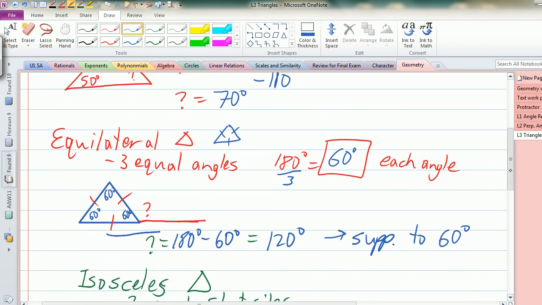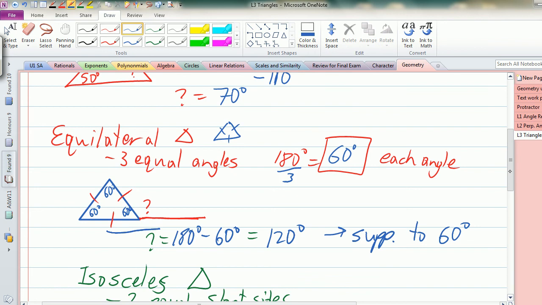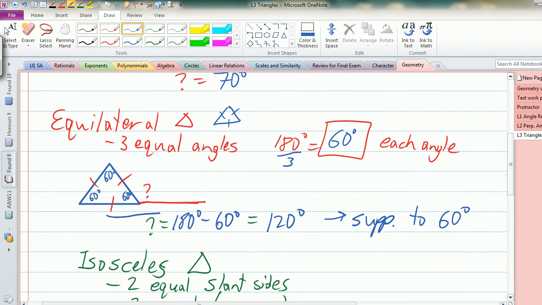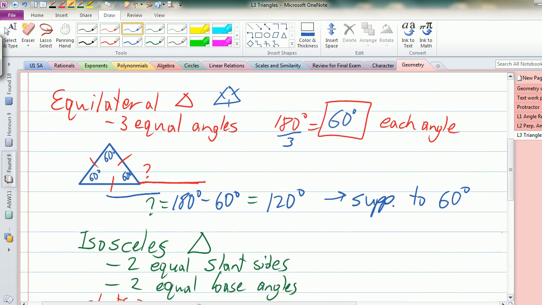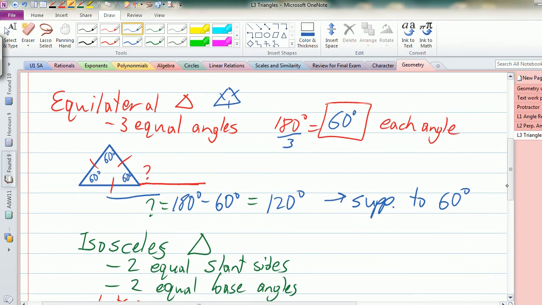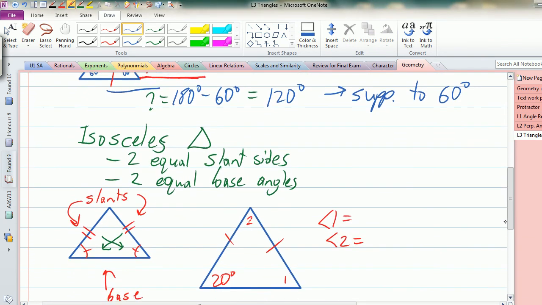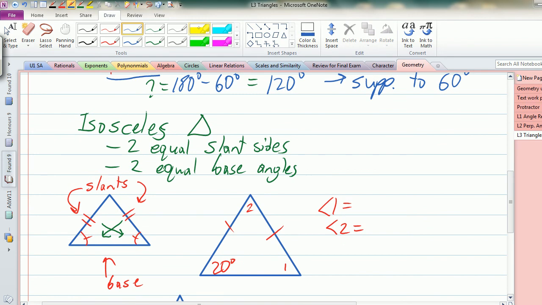Now I also said we're going to focus on the isosceles triangle. Isosceles triangles have 2 equal slant sides. As well, that gives them 2 equal base angles. Okay, so an isosceles triangle, here's a diagram explaining that. We here have 2 equal sides, right here in yellow highlighted. You know they're equal because I used the dashed lines.